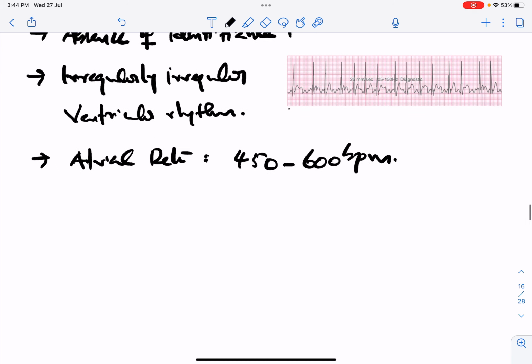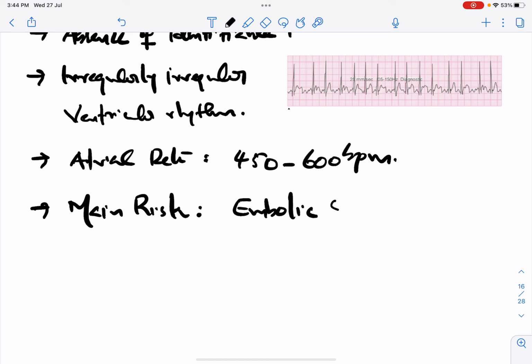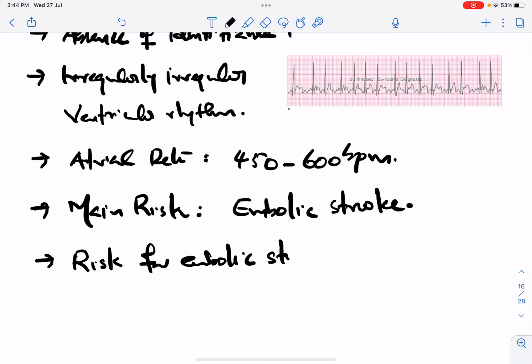Okay, and the main risk associated with atrial fibrillation is nothing but embolic stroke. So the risk for embolic stroke is assessed by a score called the CHADS-VASc score.